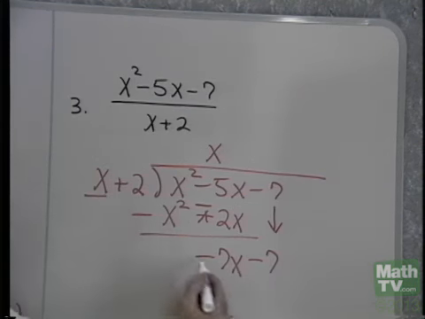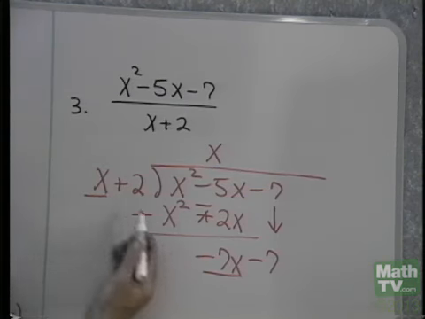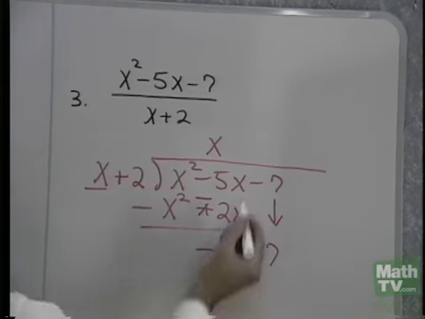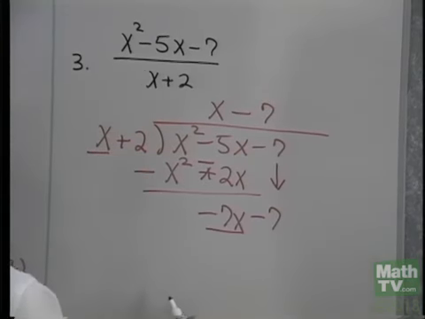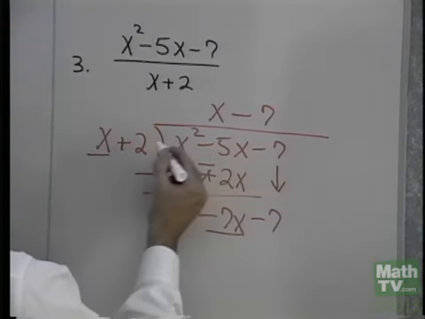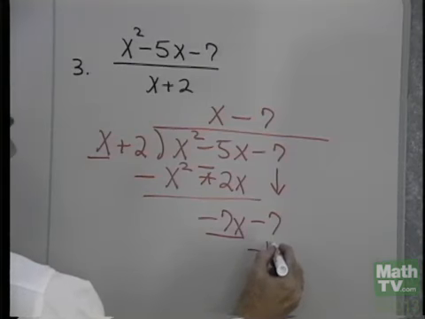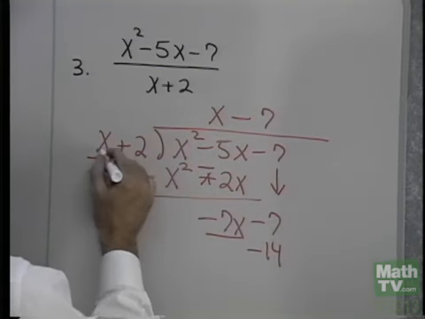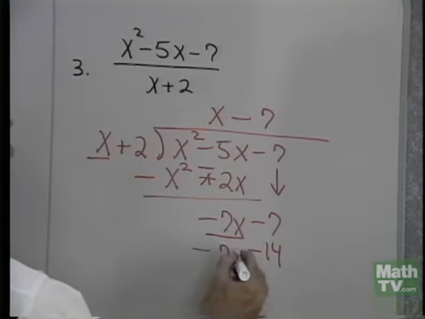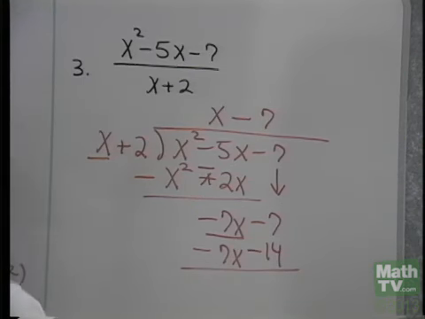I divide x into negative 7x by asking what I can multiply x by to get negative 7x. And the answer is negative 7. Now I multiply negative 7 times positive 2, negative 14, and negative 7 times positive x, negative 7x. Now I want to subtract, and I do that by changing the signs and adding.